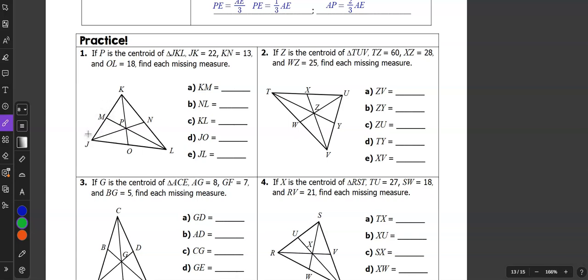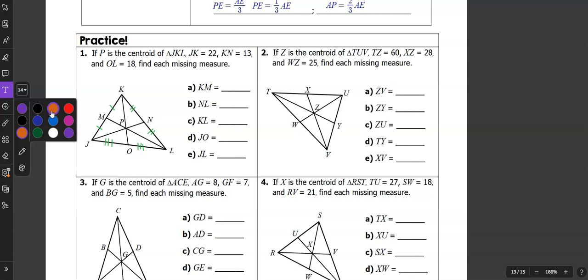So what that tells me is that JM and MK are congruent. We now also know that KN and NL are congruent. And we know that OL and JO are congruent. So now we can use that information to find the different lengths.